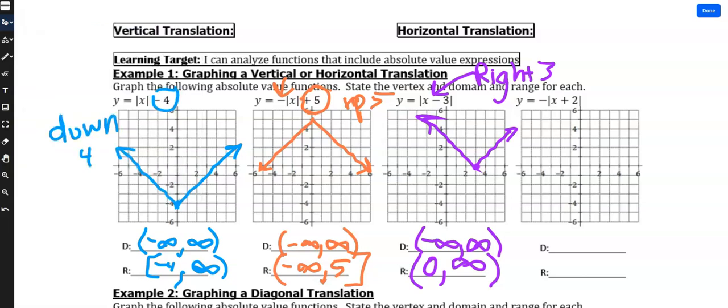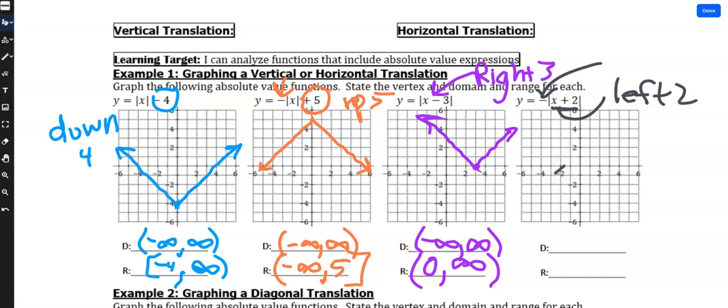And lastly, on the far right here, we've got, once again, changing the y values. If you're changing the y values, you're doing that reflection across the x-axis. So we know we're starting out with the upside down version. But inside here, we know that this says left 2.